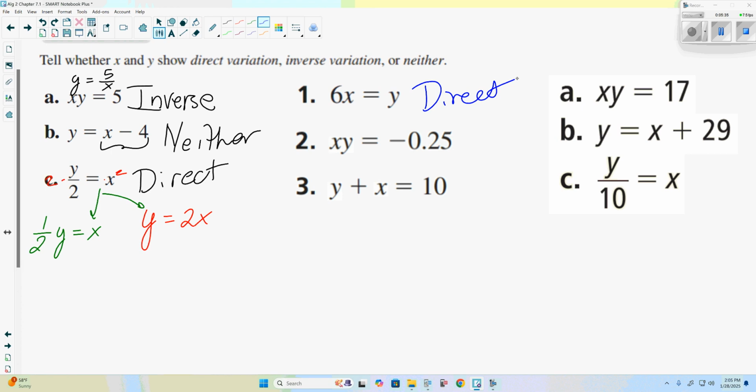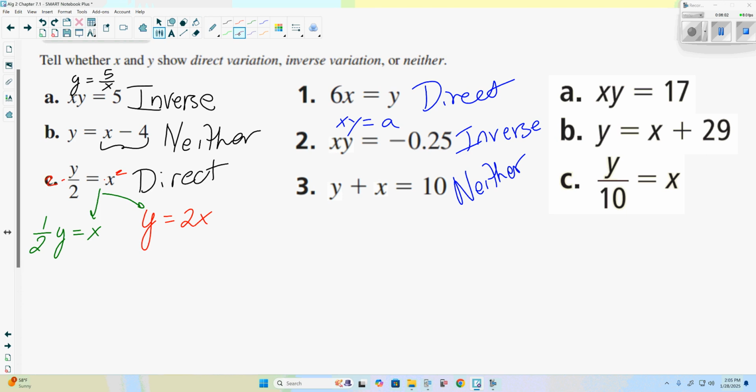X times y equals negative 0.25. Inverse, because this is our x times y is equal to a. A is just going to be a number. Doesn't matter if it's positive, negative, decimal, fraction. It's just a. And the last one is indeed neither. The plus or minus kind of gives it away.